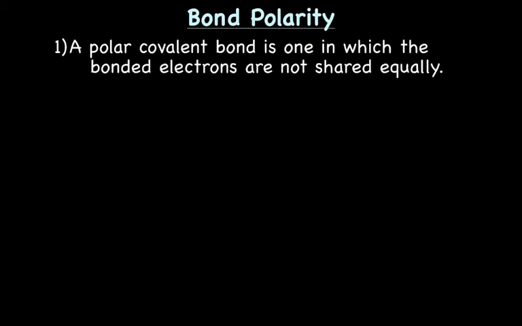All right, let's start with a quick review of bond polarity. A polar covalent bond is a bond in which the bonded electrons are not shared equally. The electrons will be closer to the more electronegative atom.